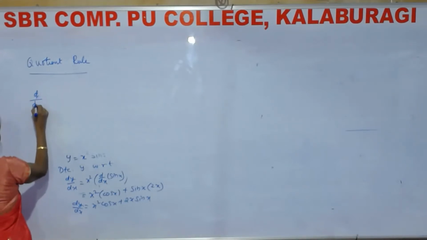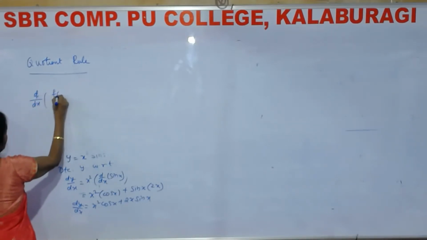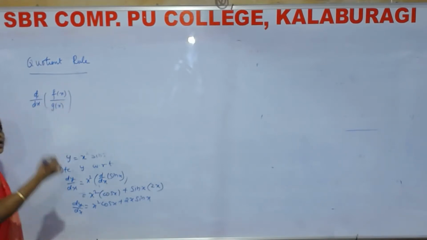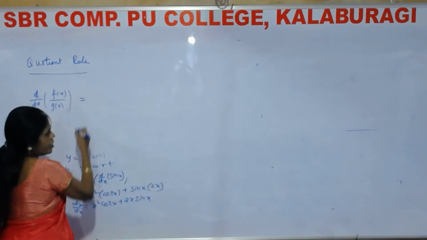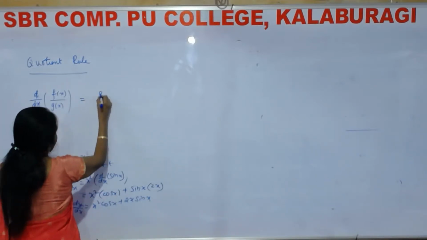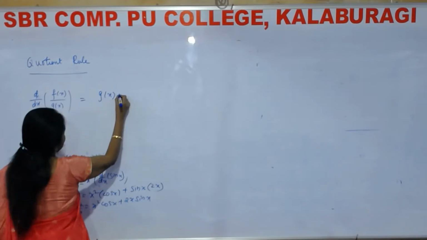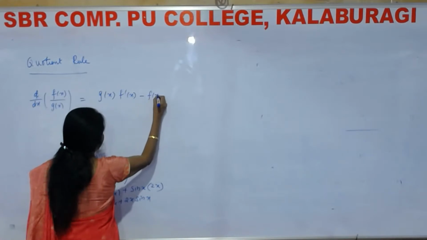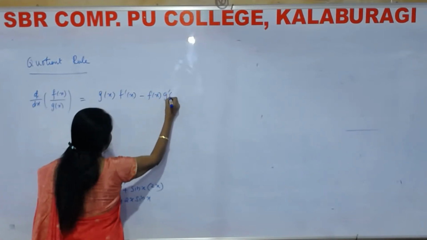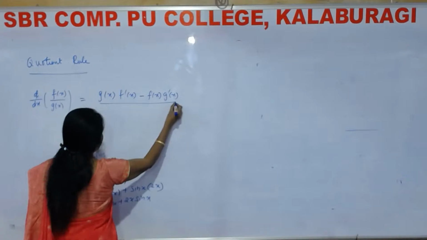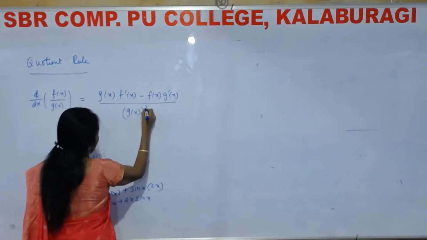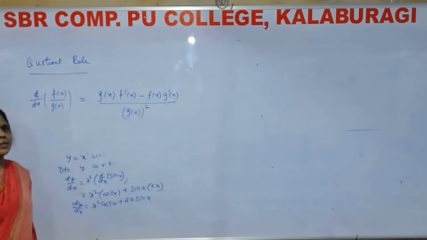d by dx of f of x by g of x. In which form will it be? Variable by variable. I will write the formula first. g of x into f dash of x minus f of x into g dash of x, divided by g of x the whole square.